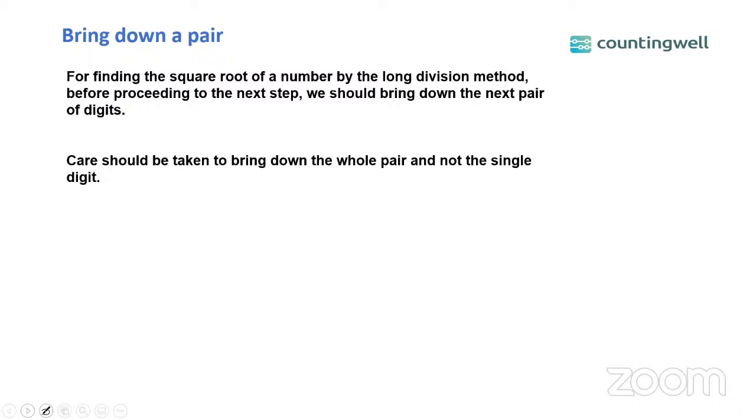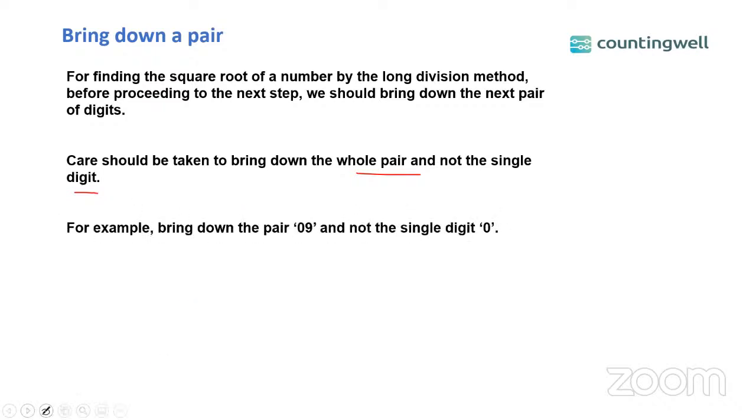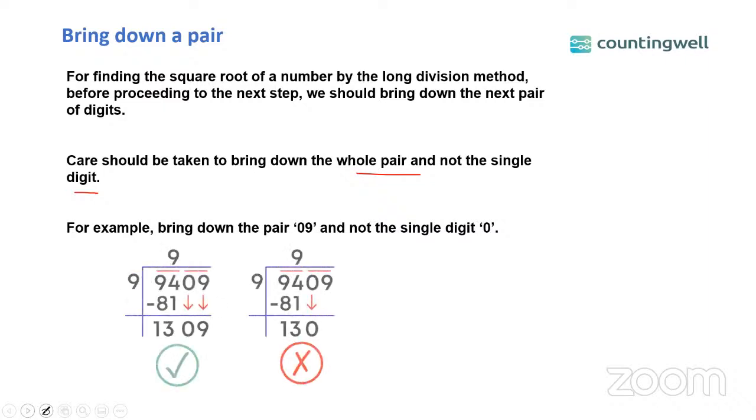Now, bringing down a pair while using the long division method to find the square root. Before proceeding to the next step, we should bring down the next pair. Care should be taken that the whole pair, not the single digit, is brought down. For example, bring down the pair 09 and not the single digit 0.